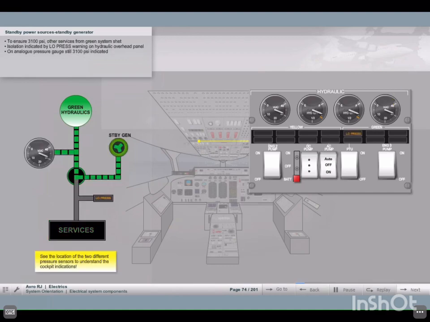To ensure that this pressure is available, the other services will be isolated. This isolation is indicated on the overhead hydraulic panel by an amber low press warning. The full system pressure is still displayed on the analog gauge.